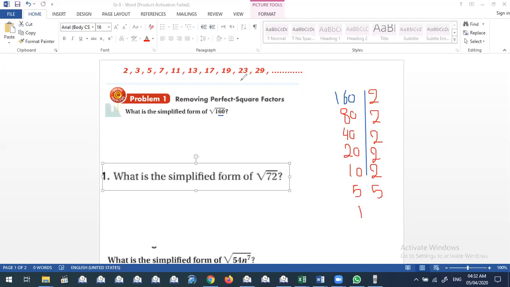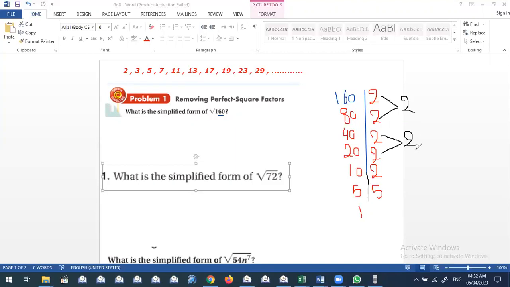Now, because it's a square root, take each two like numbers as one number. Take one 2, and also 2, 2 and take just one 2. And here we still have 2 and 5, with no repeated number.